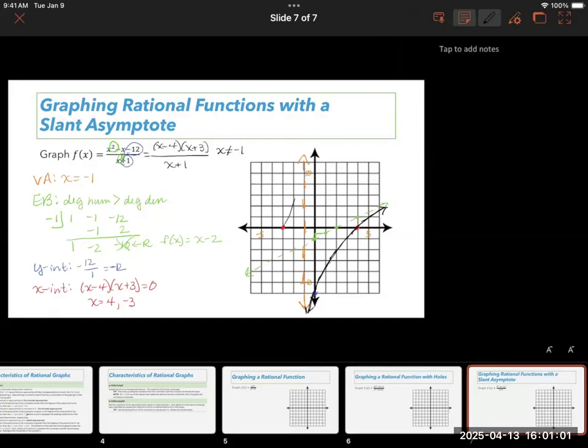And I should be in this section here, again, going through my points and staying within my asymptotes. And that's the graph of x squared minus x minus 12 over x plus 1.